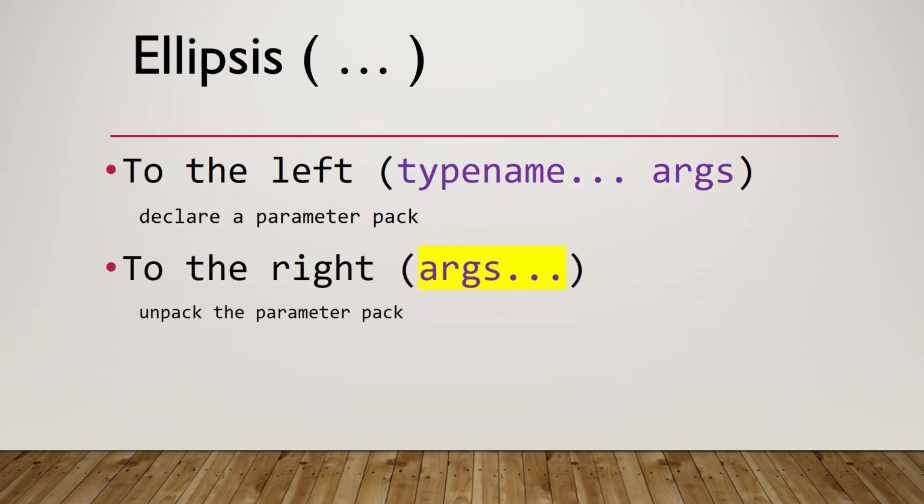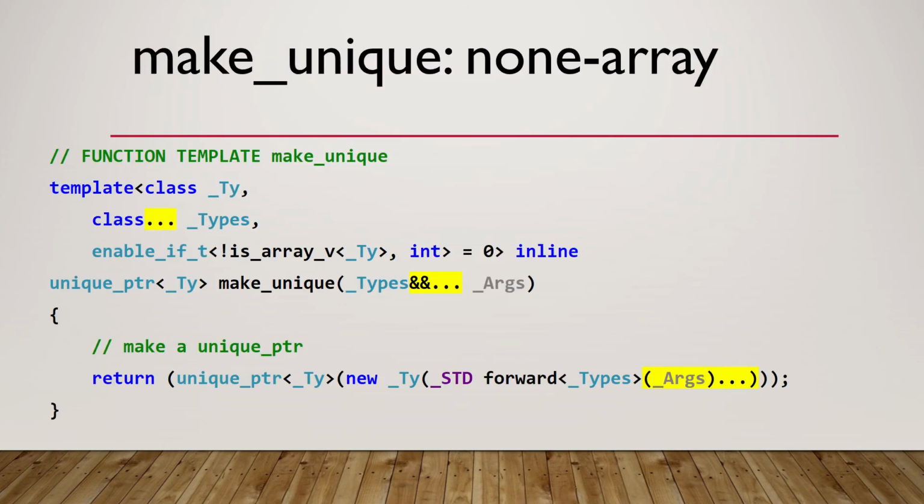Second, when the ellipsis operator occurs to the right of the template or function call argument, it unpacks the parameter packs into separate arguments. After we understand the syntax of Variadic Templates, let's look at the make_unique function definition again.